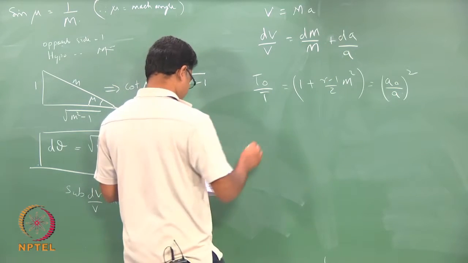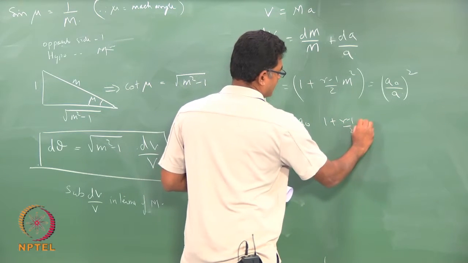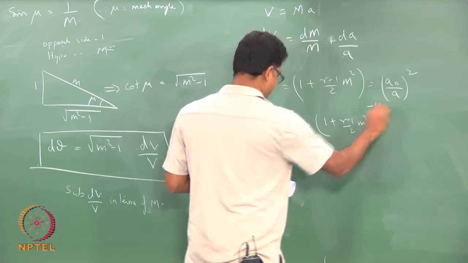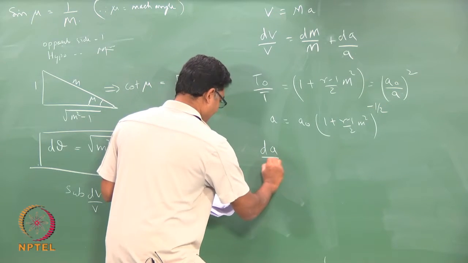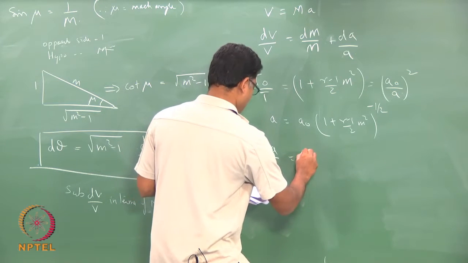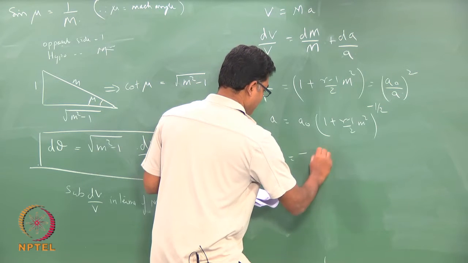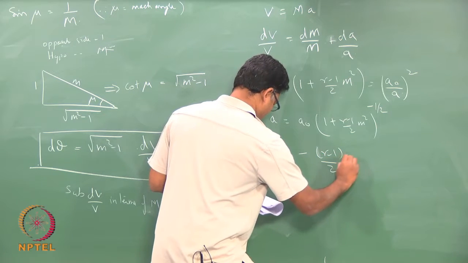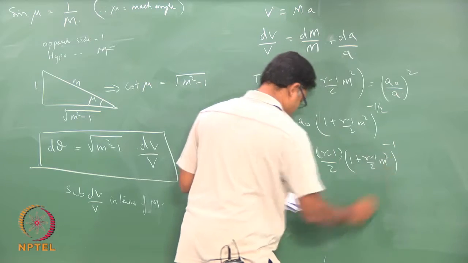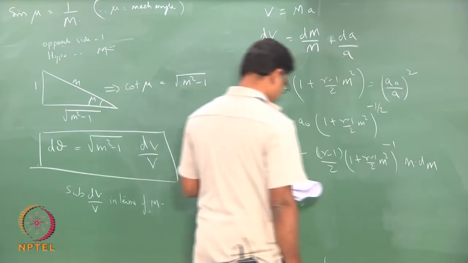So, I get dA by A as minus 1 by 2 into gamma minus 1 into 1 plus gamma minus 1 by 2 M square to the power minus 1 into M dM.